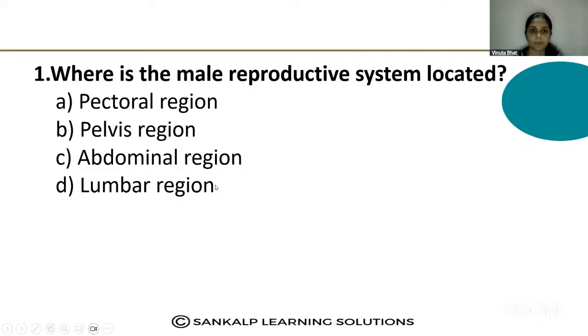Yes, this is the first question. Where is the male reproductive system located? Option A, pectoral region; pelvis region; abdominal region; and the lumbar region. Where is it located?